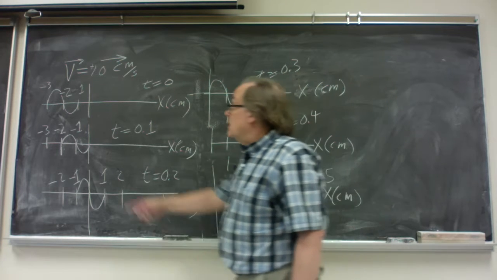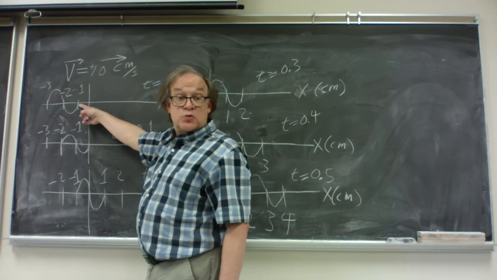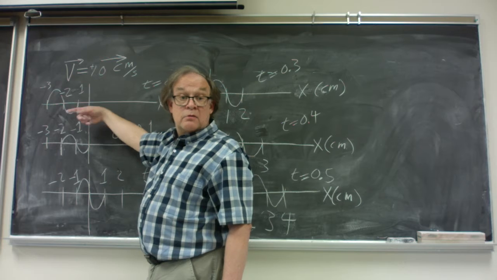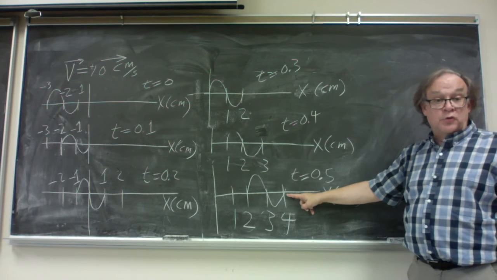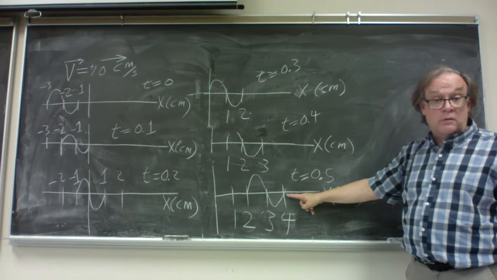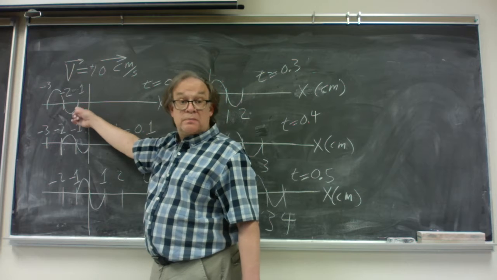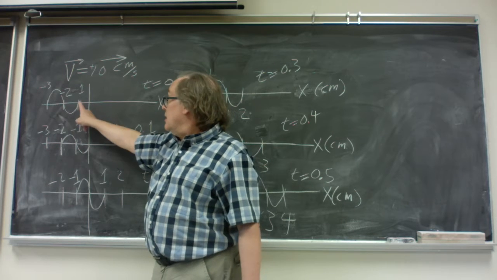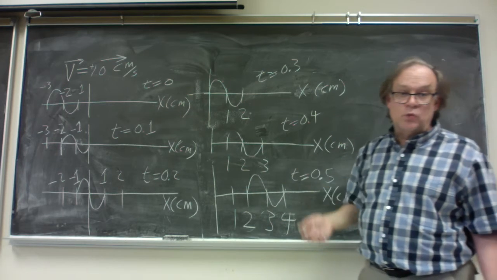And we see that. At this time, the front edge of the pulse is at -1, and then 5/10 of a second later, the front edge of the pulse is at +4, 5 centimeters away from where it was here. In those 5/10 of a second, this front edge of the pulse moved 5 centimeters from -1 to +4.